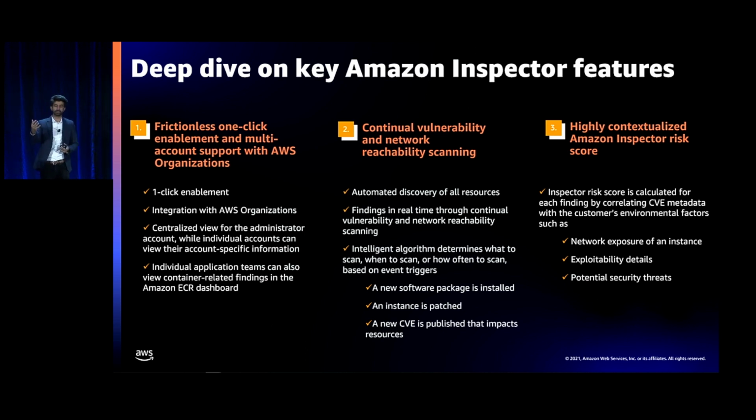And let's say if a new CVE was published recently, how that will work is, since we already know in your environment which packages are where, like which EC2 instances have what packages, which container images have what packages, when a new CVE is published, we know that these resources will be impacted by it. So we do that in real time. As soon as a CVE is published, we automatically generate findings for all the resources within hours.